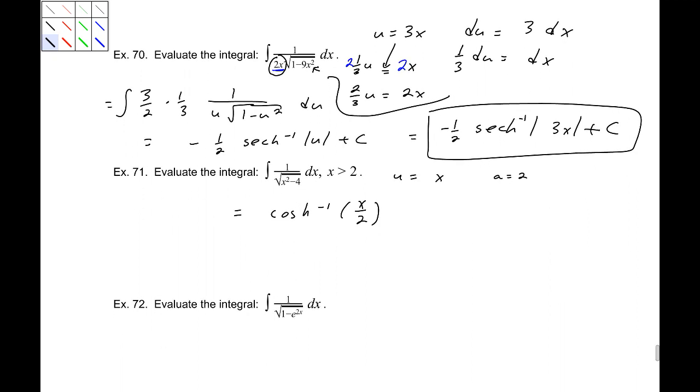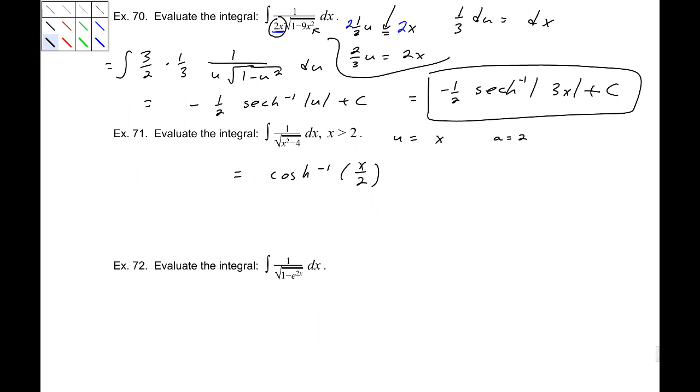Alright, next, what's being squared here? Well, I could write this as e to the x squared, so our u is e to the x, which makes our du e to the x dx. We've sort of got this redundant because our e to the x is actually a u, so I could also write this as du over u equals dx.